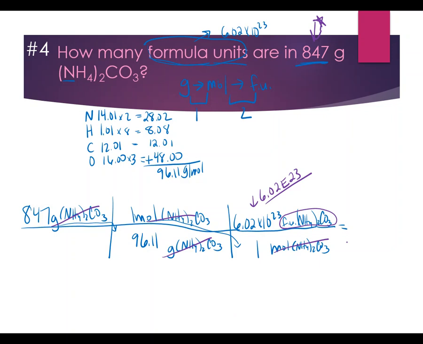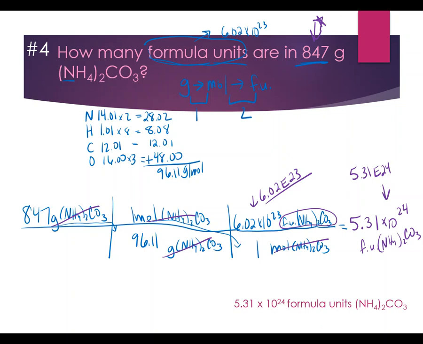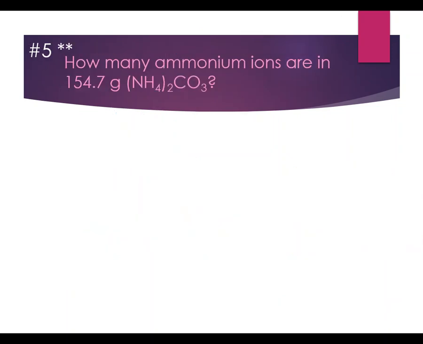We should care about 3, so we're going to round this one to 5.31 times 10 to the 24. Because in my calculator, this is how it's looking. It goes E24. That means this, and that's formula units (NH4)2CO3. And we are correct.